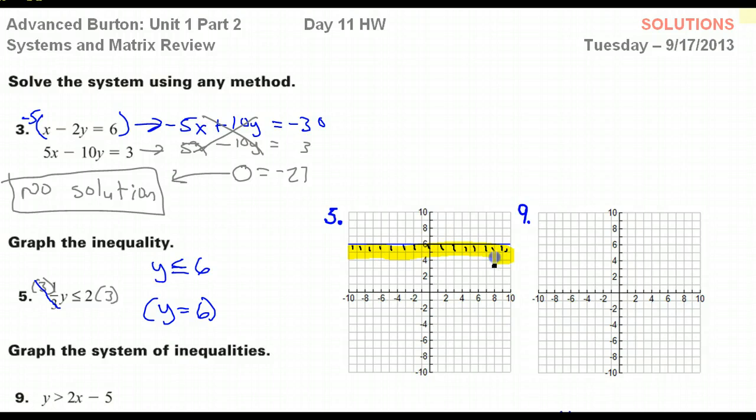One mistake I see kids make is they will think that the x-axis is some sort of a barrier, and they will stop, like here. If I see this, I'm marking it wrong. The x-axis is irrelevant. You're supposed to be shading in everything that is less than the line, everything down to the edge of the graph. So that is what number 5 should look like.